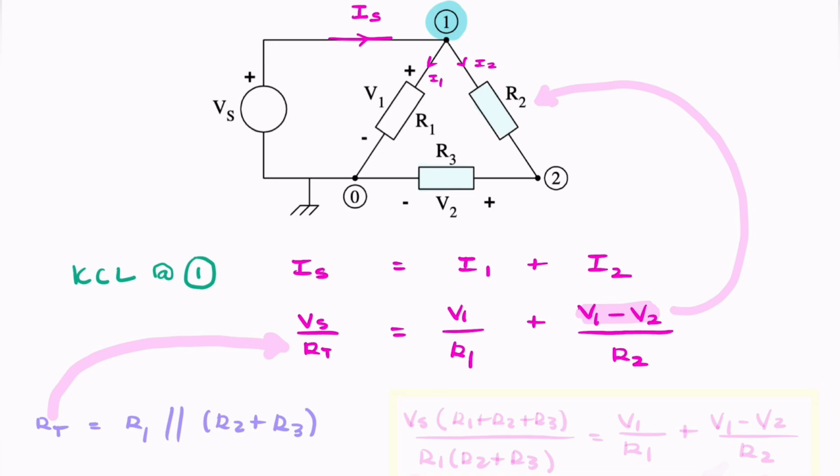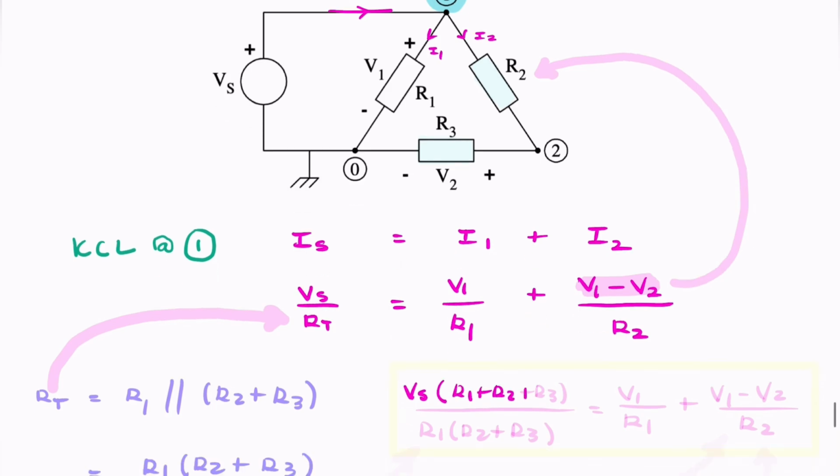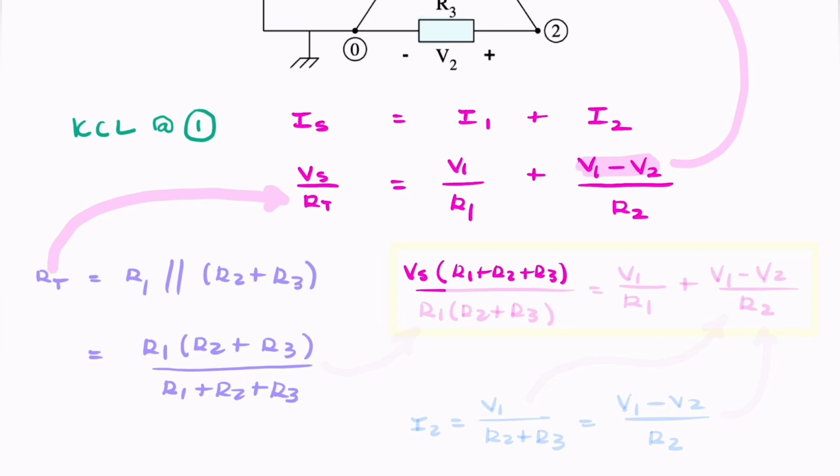So if I simplify that, we have Vs times (R1 plus R2 plus R3) divided by R1 times (R2 plus R3). So that's basically integrating our RT.